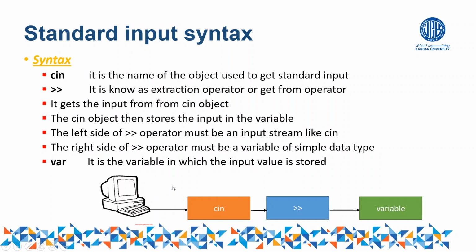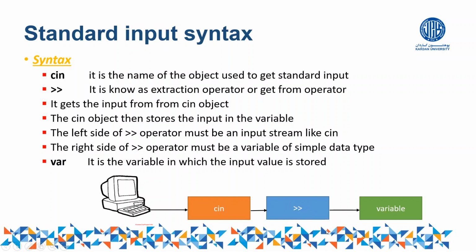Now you can look at the diagram here. Suppose this is our computer, and this is the console input device, that is actually the keyboard. So cin takes a value from the keyboard when the program is in execution, and this extraction operator passes the value to where?